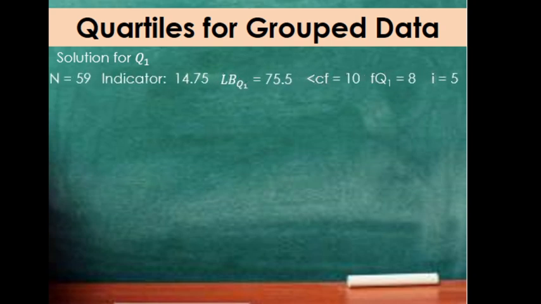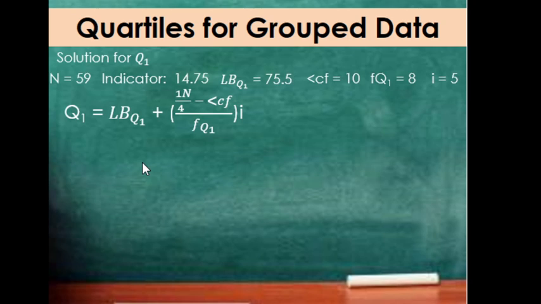Again, n is equal to 59. The indicator is equal to 14.75. Lower boundary of Q sub 1 is equal to 75.5. Less than cumulative frequency is 10. Frequency of the quartile class is 8 and the interval is 5.